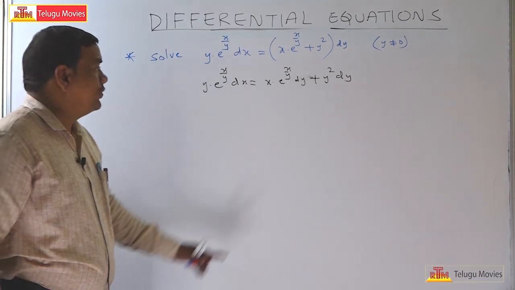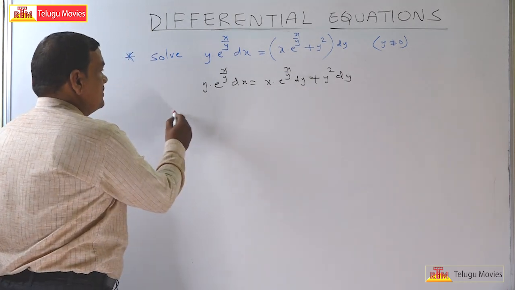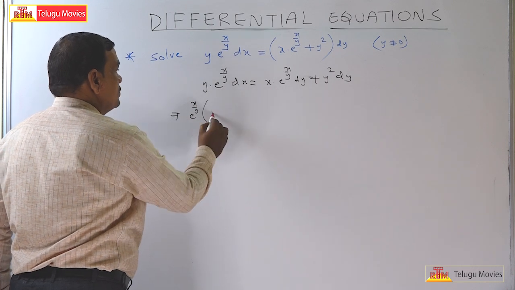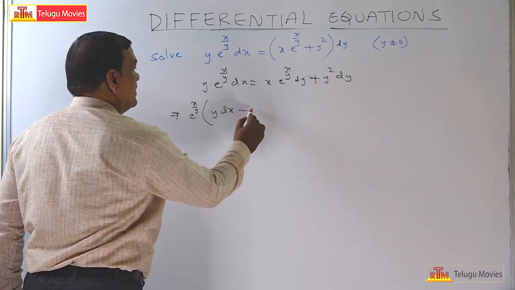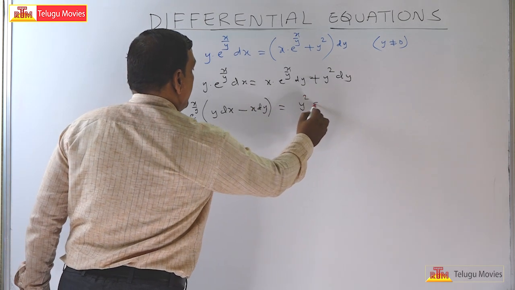Now what I am going to do is bring this first term to the left hand side, and e power x by y you take common outside. So this is e power x by y into y dx minus x dy is equal to y square dy.